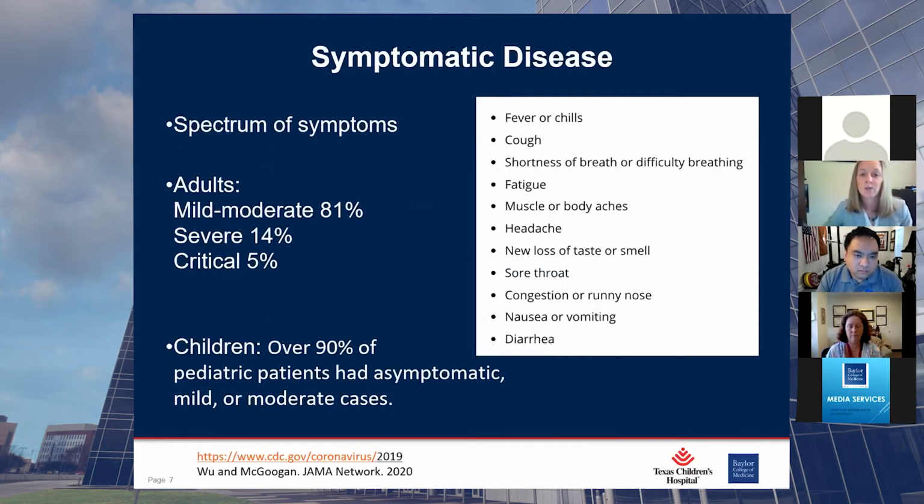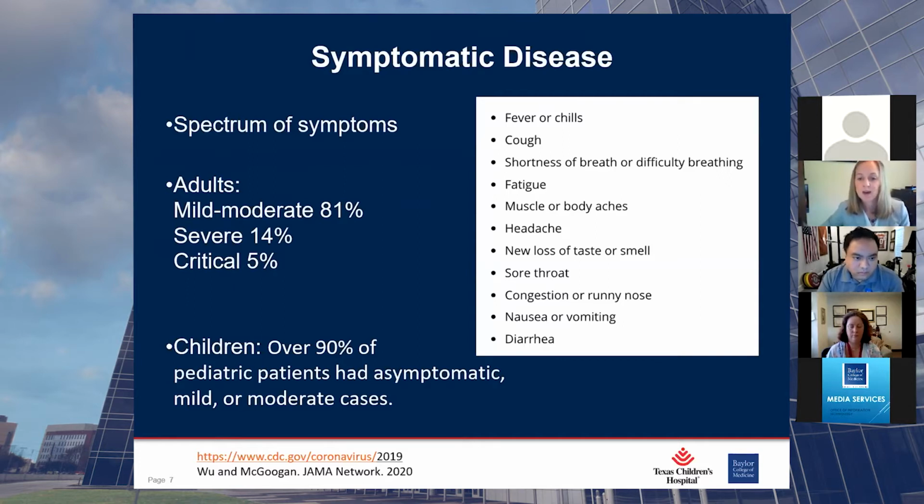Of course, we know that you can certainly have symptomatic disease, but that spectrum of symptoms can vary significantly. Often when we were hearing about this early on, you heard about the triad of fever, cough, and shortness of breath, and this is certainly true, but more commonly seen in those who progress to more severe disease requiring hospitalization.